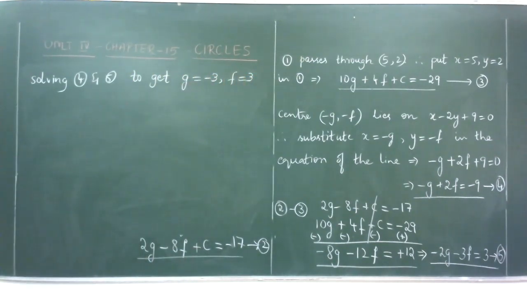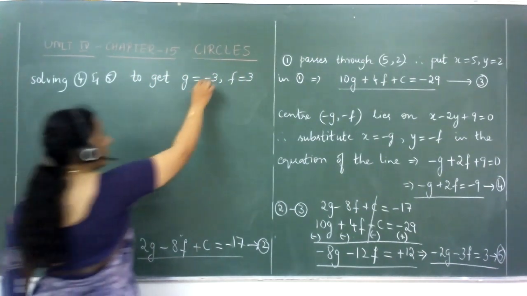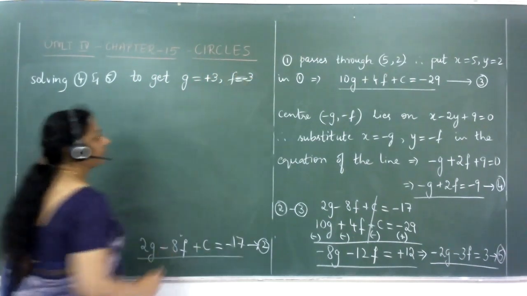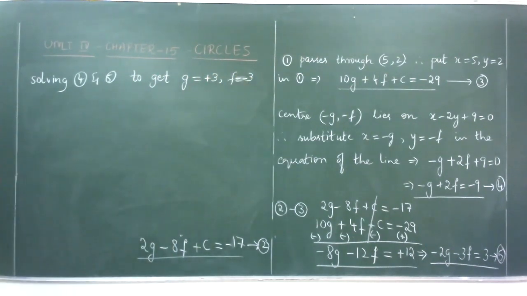Solving with a suitable method, you will find g is equal to plus 3, you will be getting f is equal to minus 3. And these two values of g and f, you can be substituting either in the second equation or in the first equation.